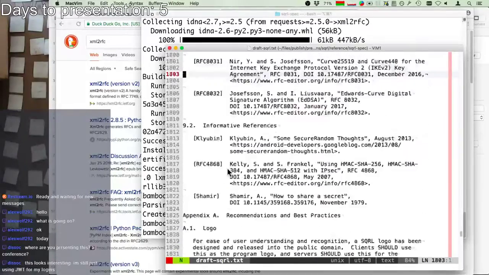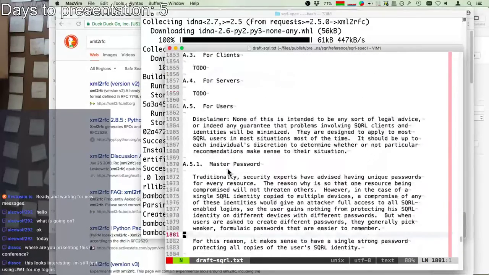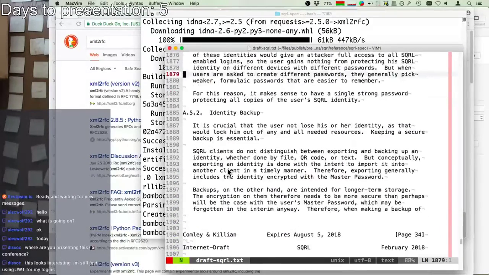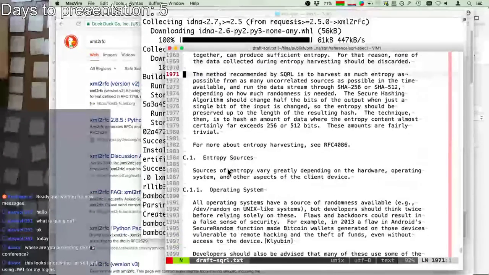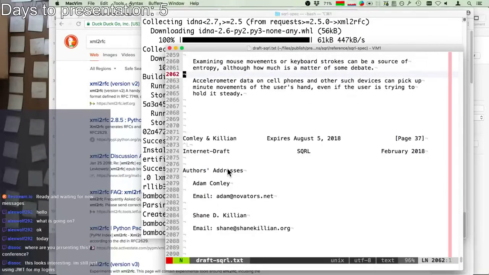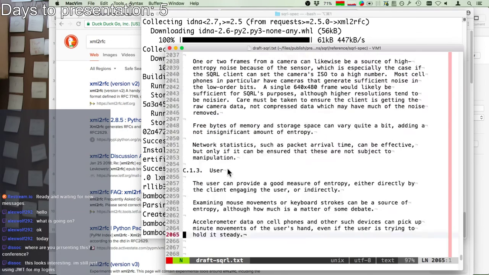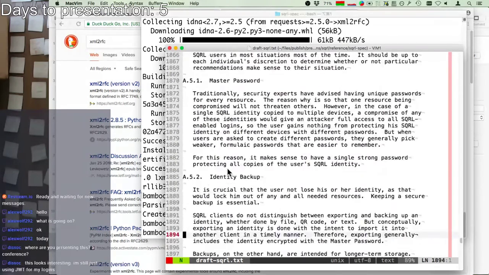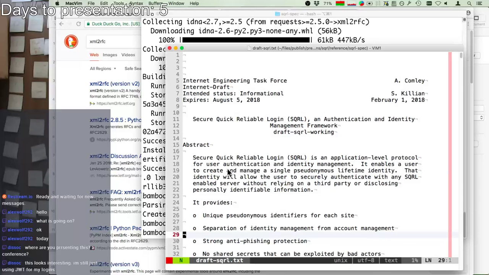Yeah, they've collected some good stuff here. Alright, so that kind of refreshed me on rescue codes versus identity unlock.